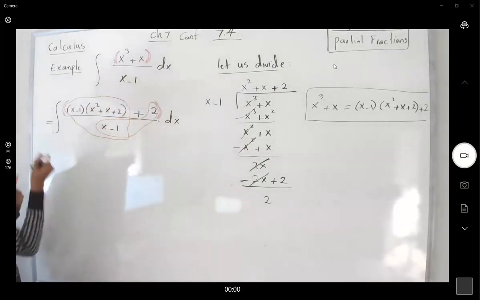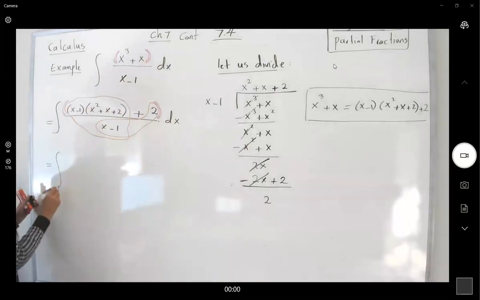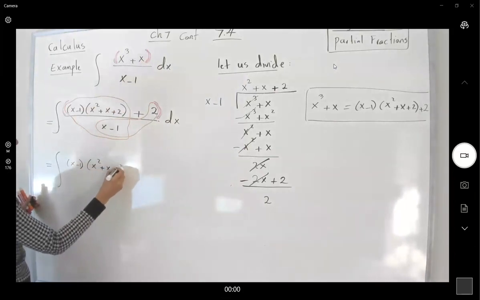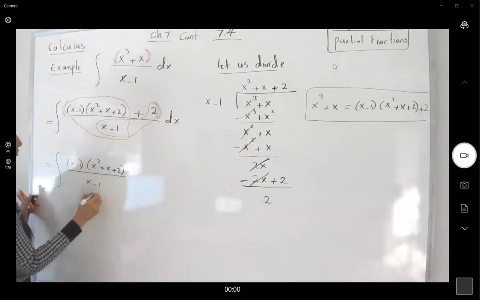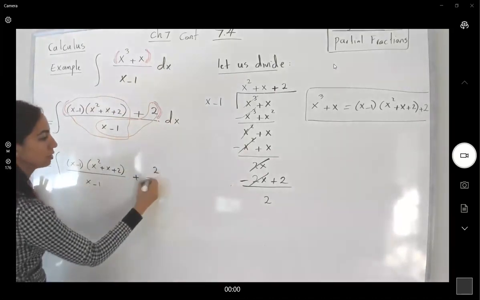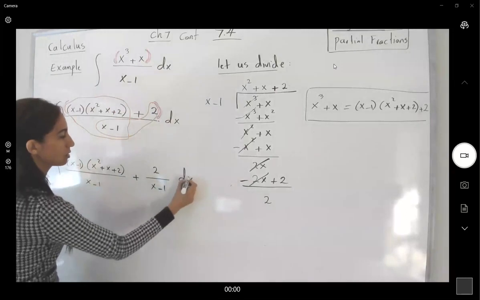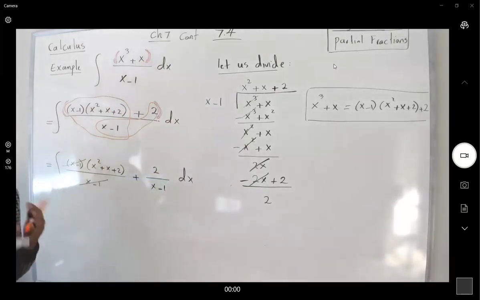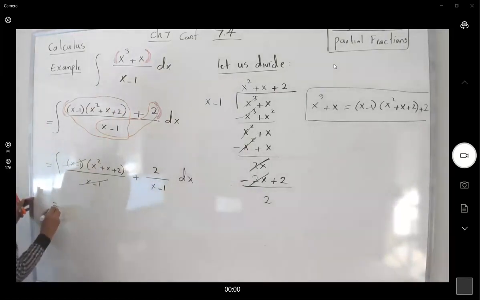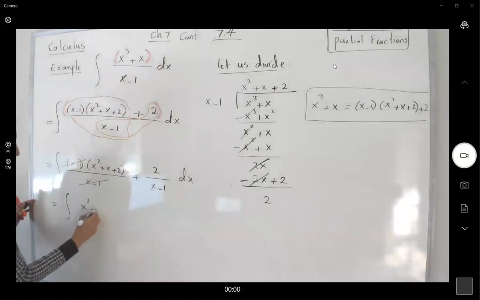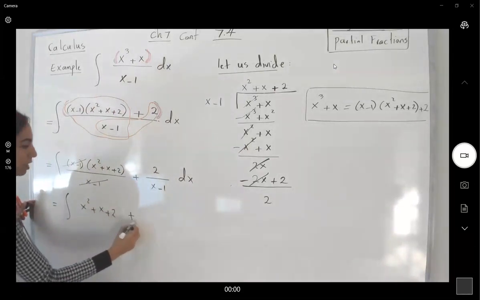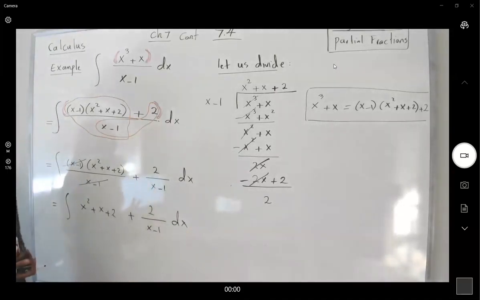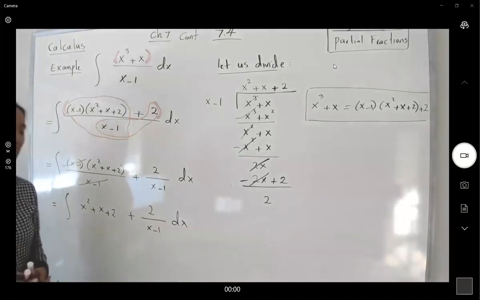It's going to be the integral of x minus 1 times x squared plus x plus 2 divided by x minus 1, plus 2 over x minus 1 dx. So obviously, we can cancel out x minus 1 and x minus 1. These two are a common factor. So we're left with the integral of x squared plus x plus 2 plus 2 over x minus 1 dx.